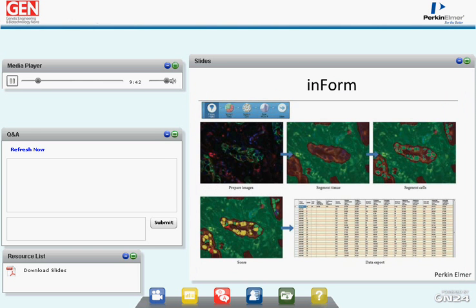And this is an example of where the Inform analysis finds the tumor highlighted in this brown, and then allows you to count nuclei present within these regions relative to the stroma.